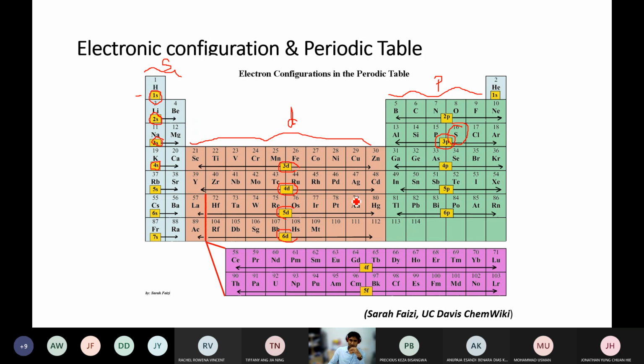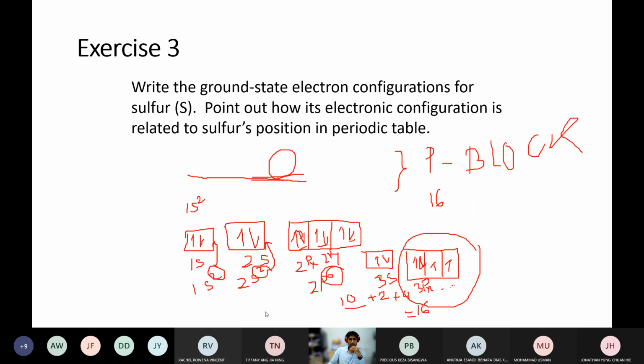Even if we do not know it, we can still have some idea of where it will be based on its properties, whether it's a metal, a gas, or a non-metal. So based on that, we can have a rough idea of where to look.